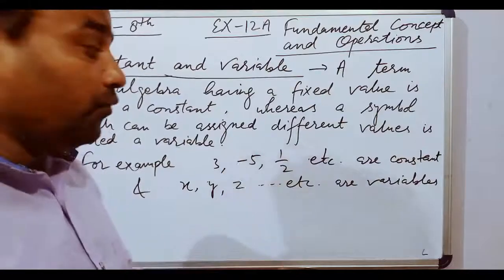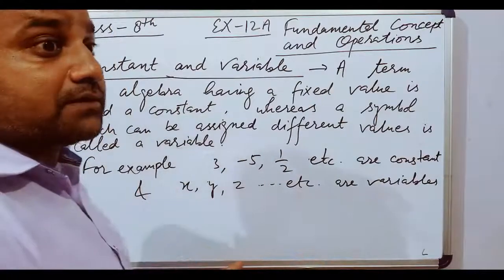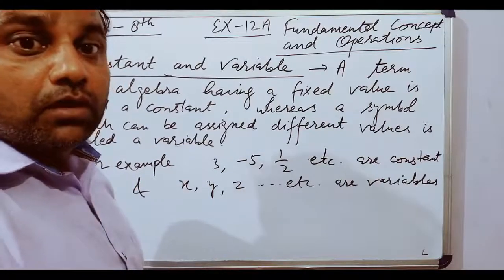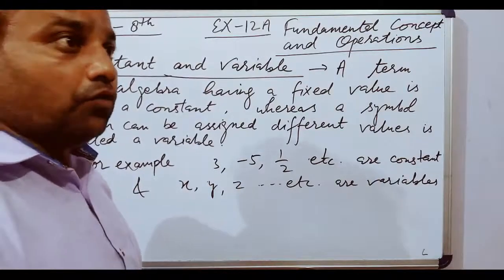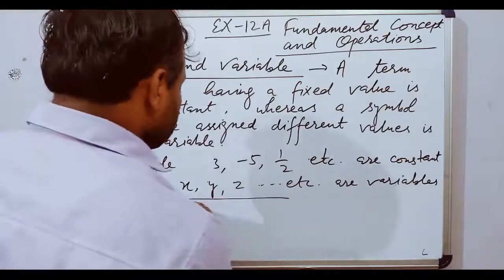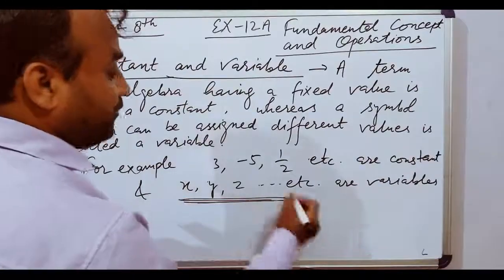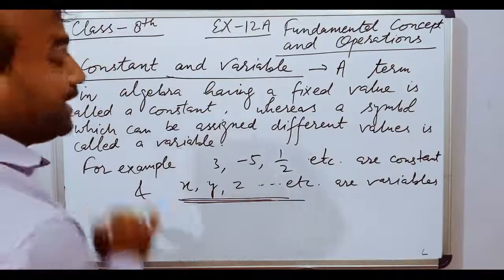In one equation the value of x is 2, in another equation the value of x is 1 upon 2, in another equation the value of x is 100. So these have different values. So these are called variables.